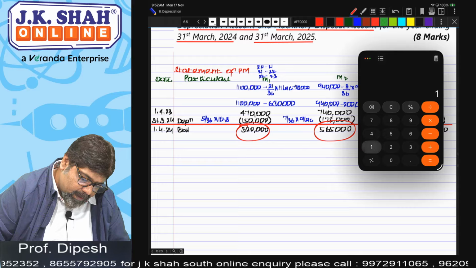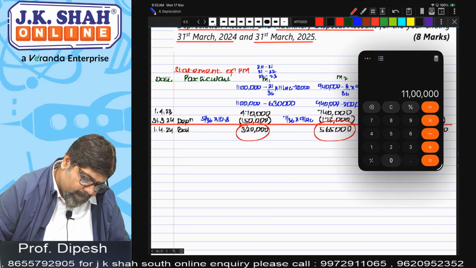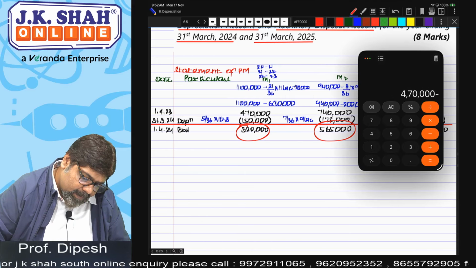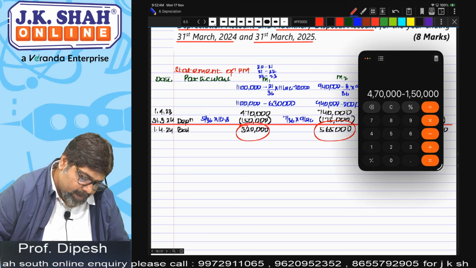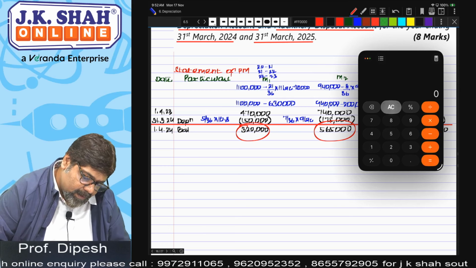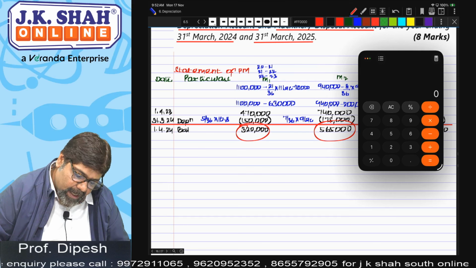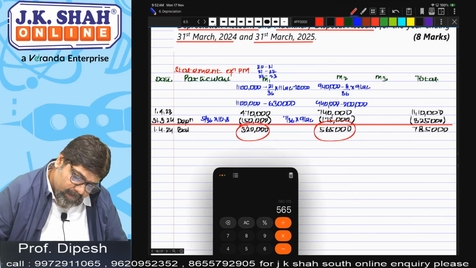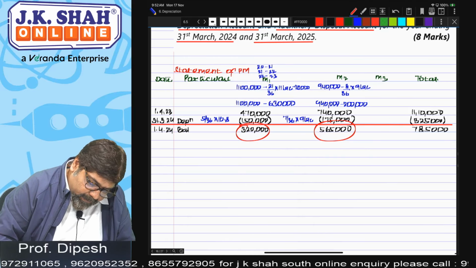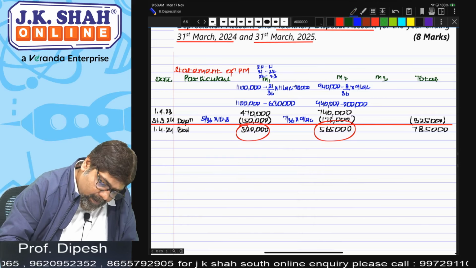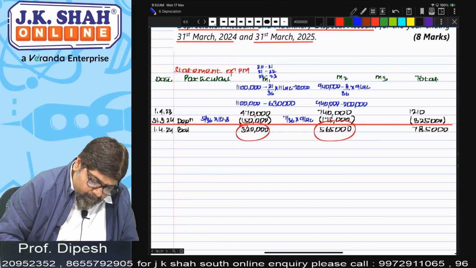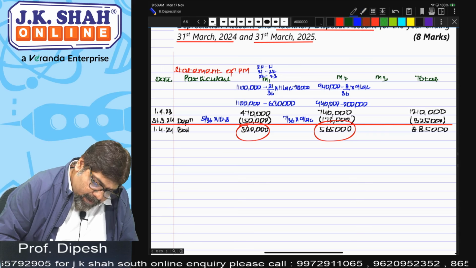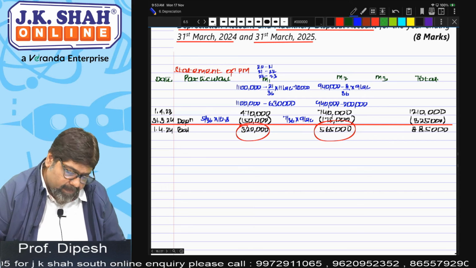Do one thing: 11 lakh minus 6 lakhs 30, 470 minus 1 lakh 50, 320, and 740 minus 175 is 565. This is 12 lakh 10, and this is 885. Correct?